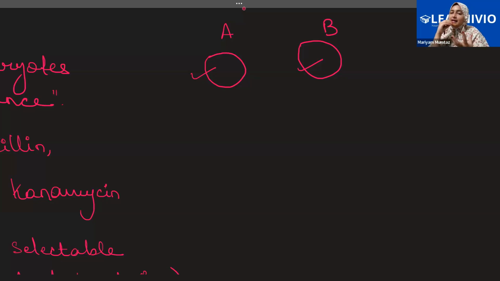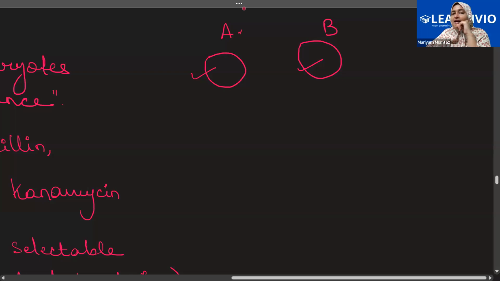Now we are talking about bacteria only, and vector in general. So you people understood what vector is, right? It's a carrier, and it has actually been taken out from bacteria only. Now, I'm saying that bacteria A has antibiotic resistance to ampicillin, which is an antibiotic.